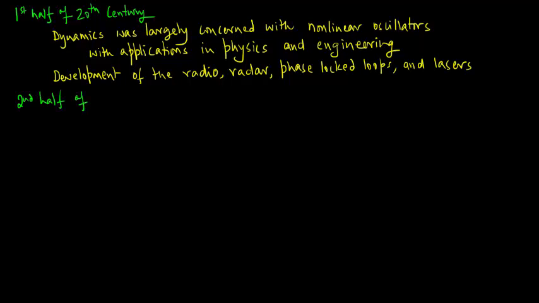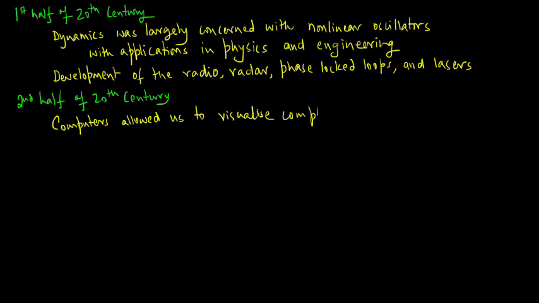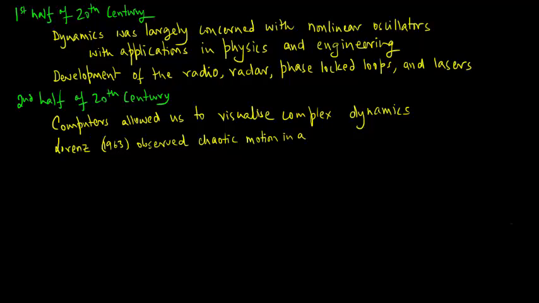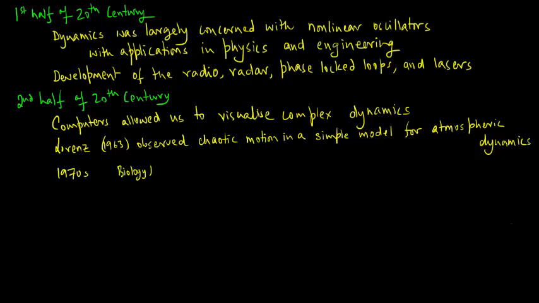In the second half of the 20th century, computers started to allow us to visualize complex dynamics. Edward Lorenz, in a famous 1963 paper, observed chaotic motion in a simple model for atmospheric dynamics.